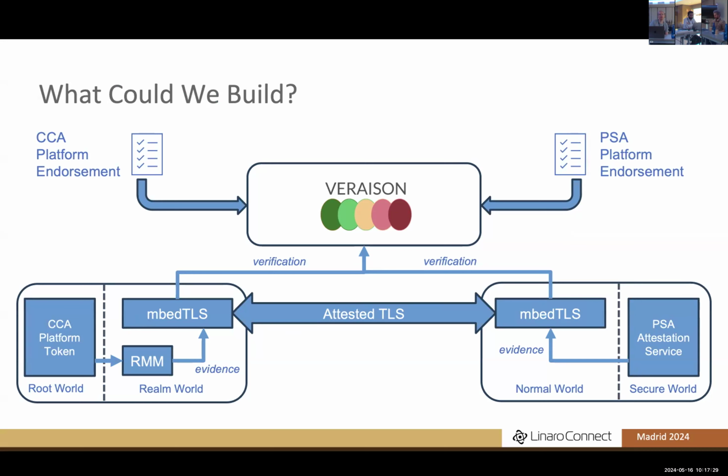So I think if you had a Veraison service as your verifier and you endorsed it with a PSA platform golden description and a CCA platform golden description, and you had a handshake between an mbed TLS running in normal world on an edge or endpoint device, and talking to a PSA attestation service in the secure world.